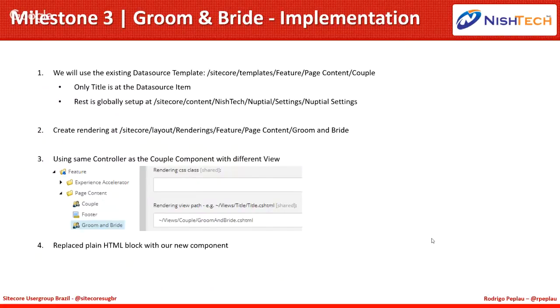We used an existing data source template that we created for the couple component. We created a rendering for that. We created another component, but using the same controller as the other component, just a different view, as you can see here, and replaced the block. Cool. When we did that, we got our experiment done.